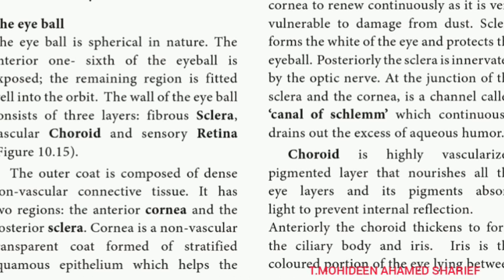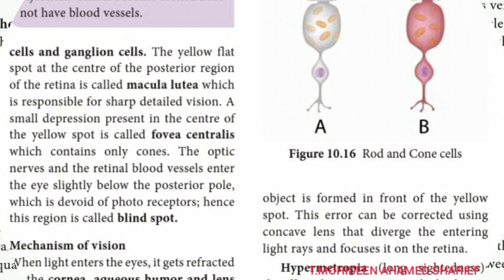The eye lens is transparent and biconvex, made up of long columnar epithelial cells called lens fibers. These cells are accumulated with proteins called crystallins. Next, the eyeball. The eyeball is spherical in nature. The anterior 1/6 of the eyeball is exposed and the remaining region is fitted well into the orbit.